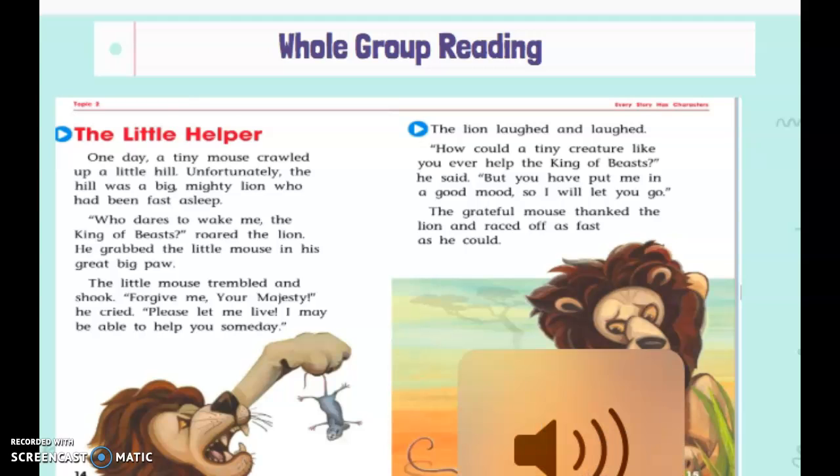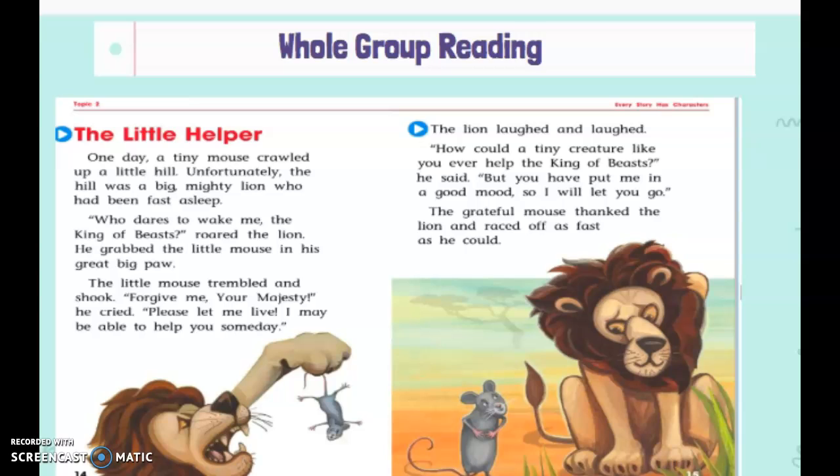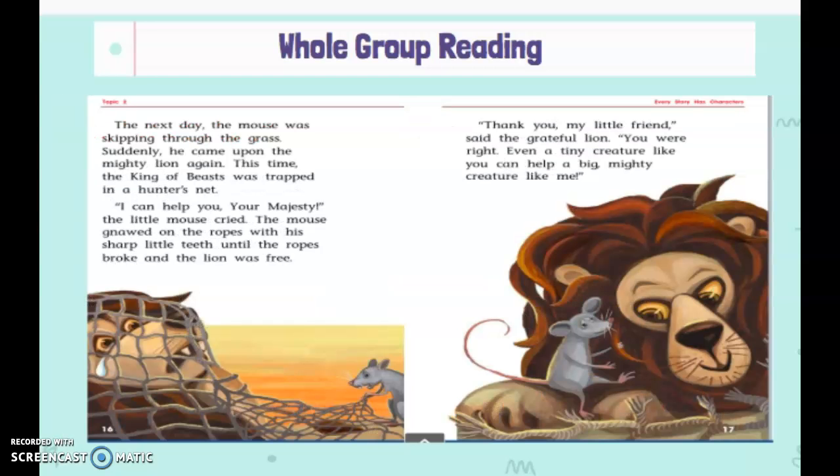The lion laughed and laughed. "How could a tiny creature like you ever help the king of the beasts?" he said. "But you've put me in a good mood, so I will let you go." The grateful mouse thanked the lion and raced off as fast as he could. The next day, the mouse was skipping through the grass. Suddenly, he came upon the lion.